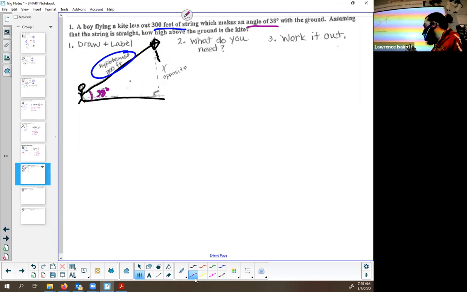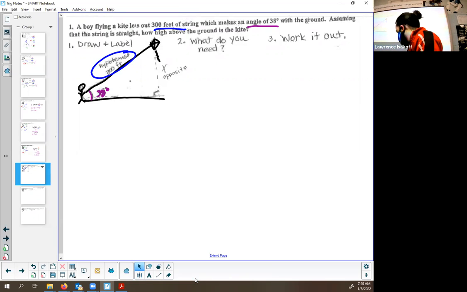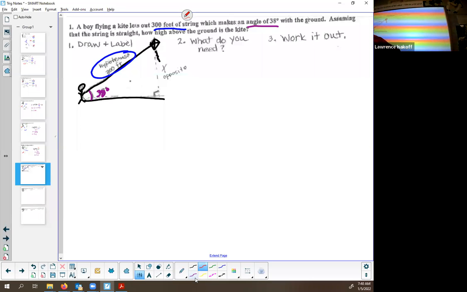Now I want to know how high above the ground this is. So what we realize is if we come straight down, that makes a right angle. And then this is my unknown side, x. So what do we need? We need the height above the ground.